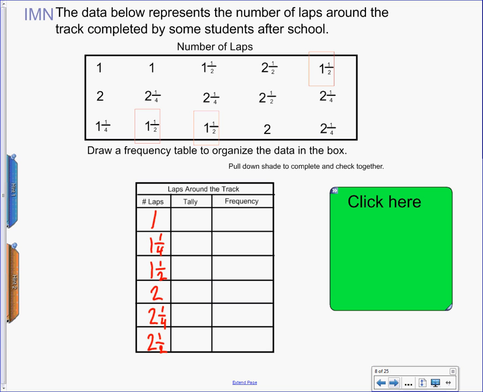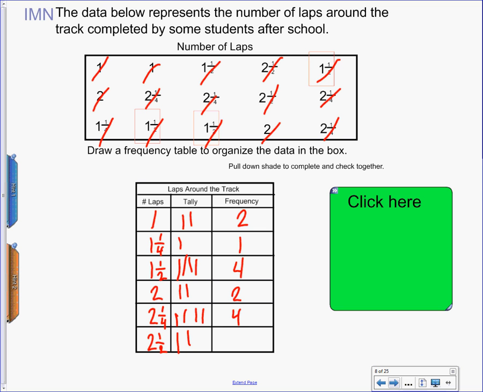And then they made the tallies. And made their frequency after that, based on their tallies.